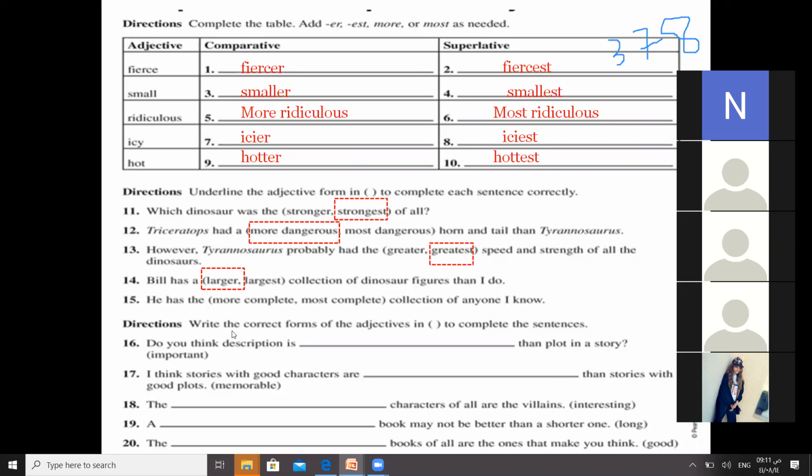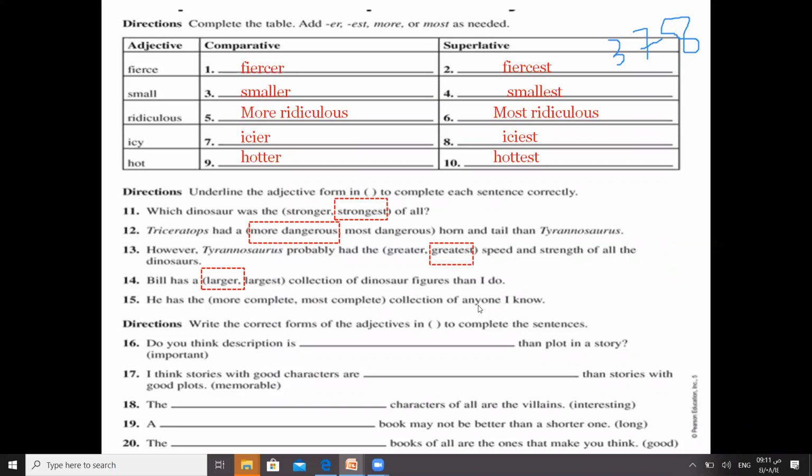He has the more complete or most complete collection of anyone I know. Most, because here it is more than two. I'm saying collection of anyone I know, so all. Write the correct form of the adjective in brackets to complete the sentence.